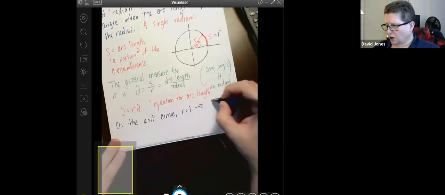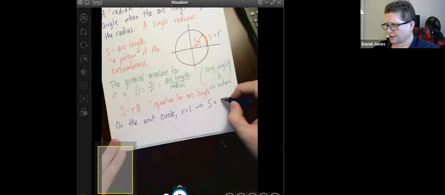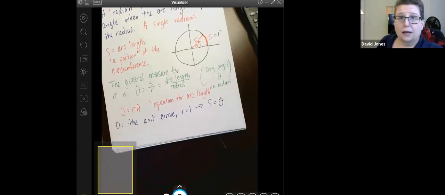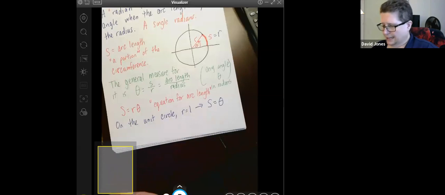And so the arc length equals the measure of the angle. That's pretty deep. So S equals theta. And that's the equation.